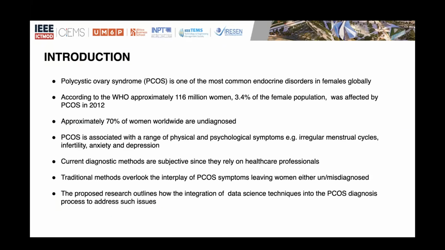A bit of an introduction. Polycystic ovarian syndrome, PCOS, is a prevalent endocrine disorder that affects women globally. Though the exact prevalence varies depending on the diagnostic criteria used, the World Health Organization, the WHO, reported that approximately 116 million women, which accounts for 3.4% of the female population, were affected by the syndrome in the year 2012.